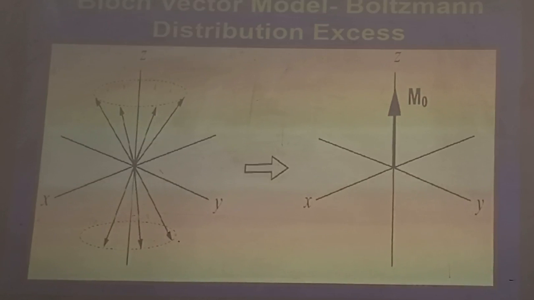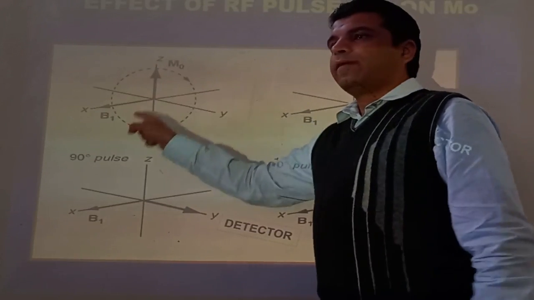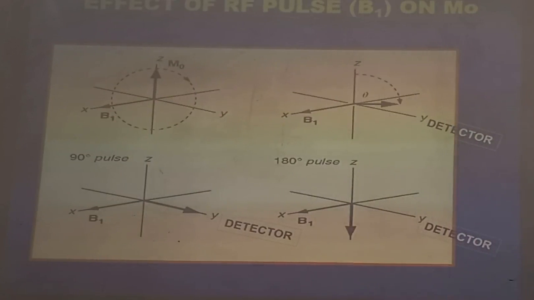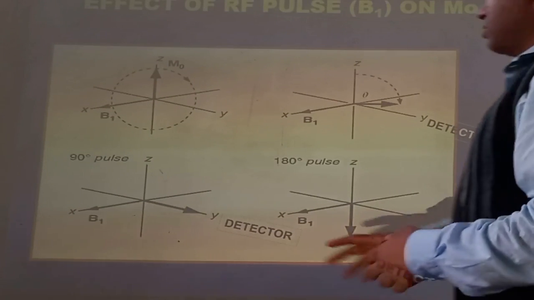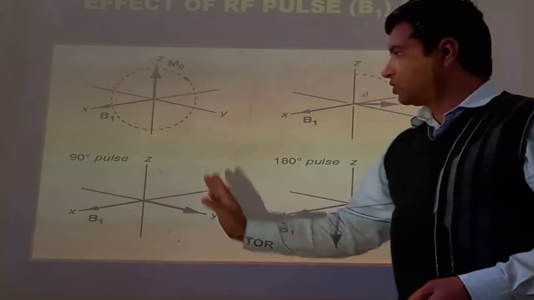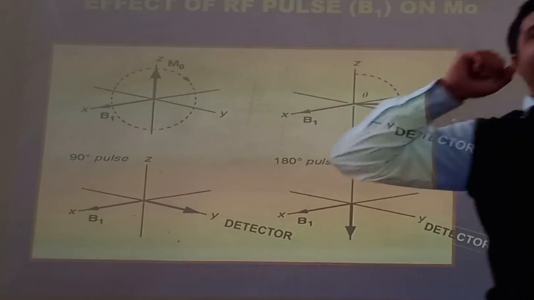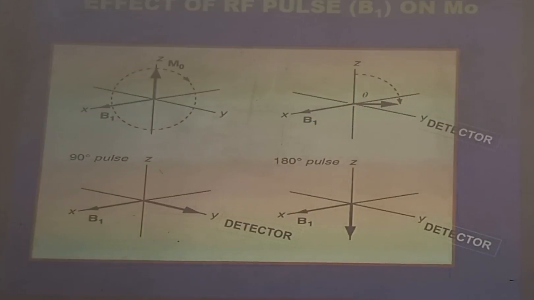M0 shows the combined magnetic moment of all the excess nuclei, and it's always pointing in the Z-axis. B0 again is pointing up, and now you give a pulse.